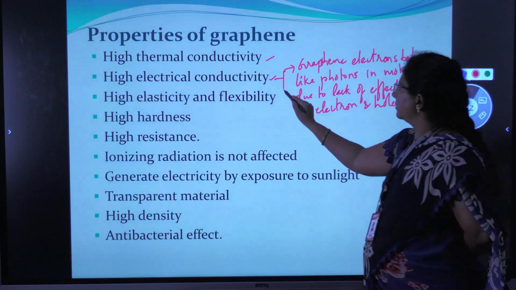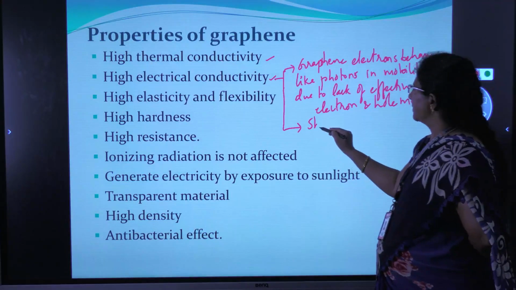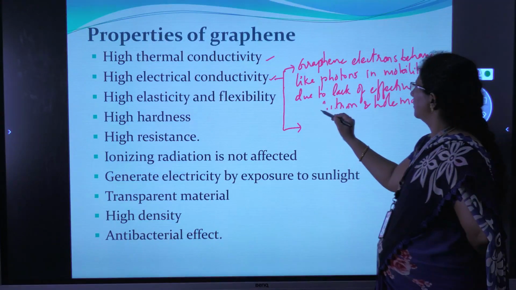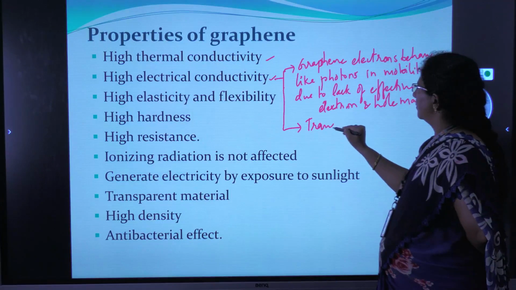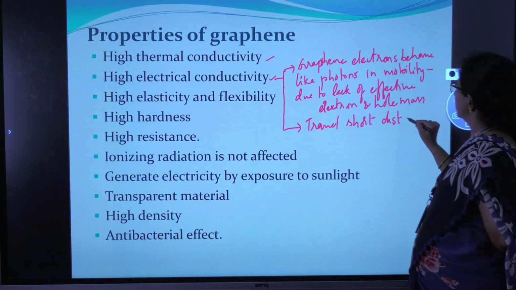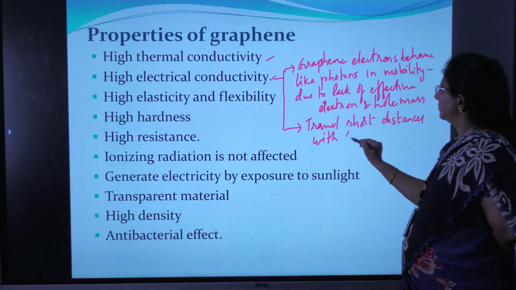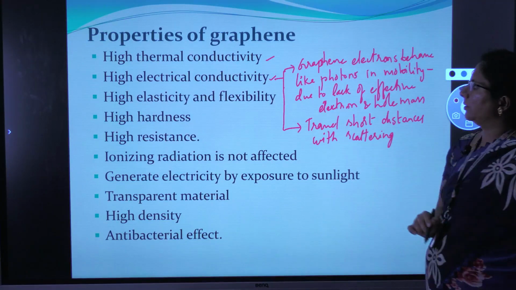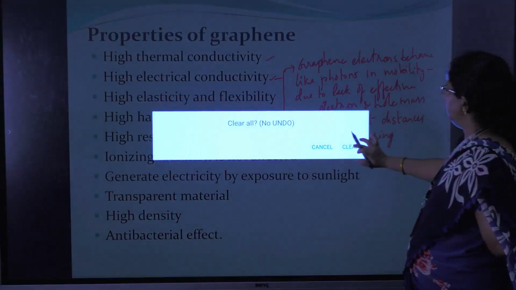And not only that, graphene electrons can travel through short distances without scattering. That's why graphene has high electrical conductivity.